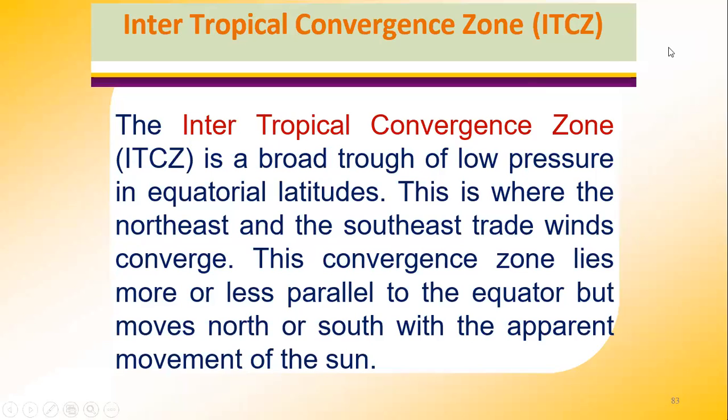Then the ITCZ is a broad trough of low pressure in the equatorial latitude. This is where the northeast and the southeast trade winds converge. This convergence zone lies more or less parallel to the equator, but it moves north or south with the apparent movement of the sun.